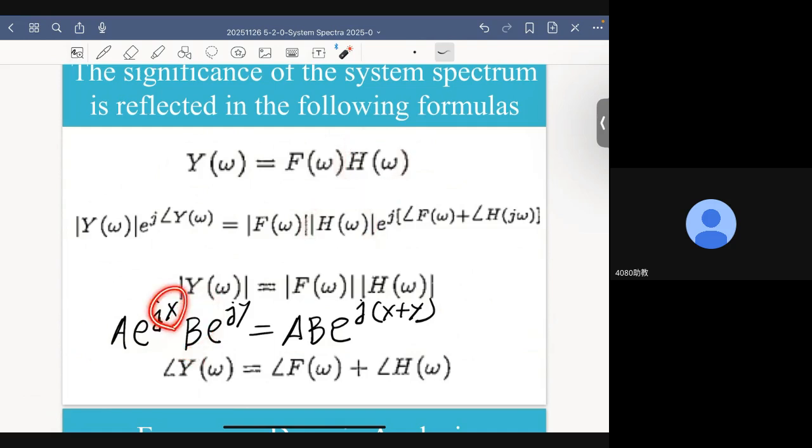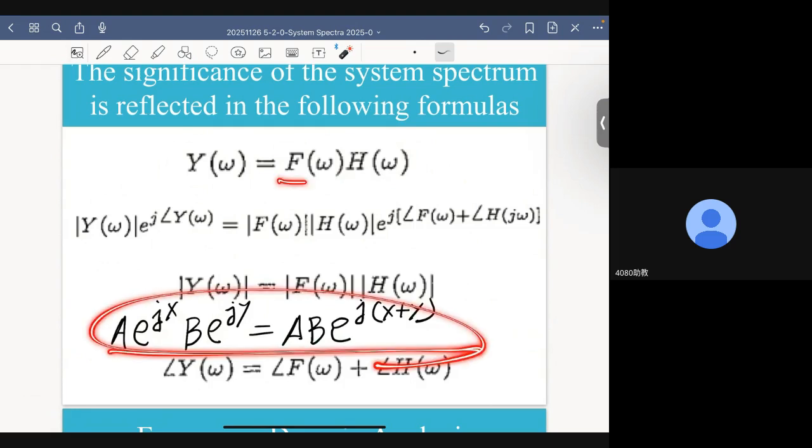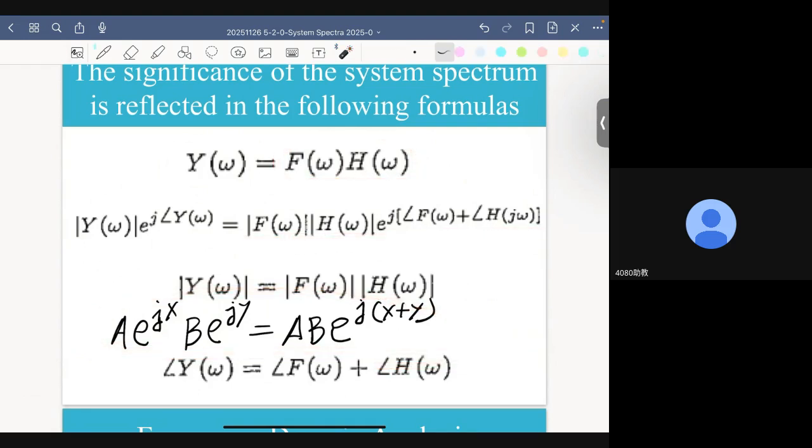And X and Y are the angle of F and the angle of the transfer function. So by using this equality on the right-hand side, this is what I will get.